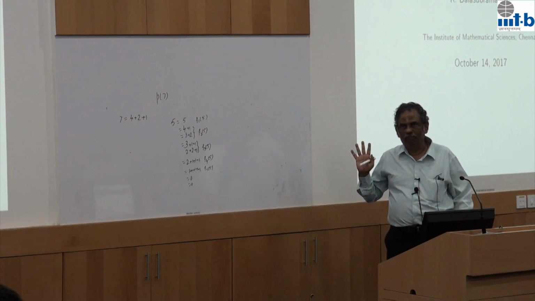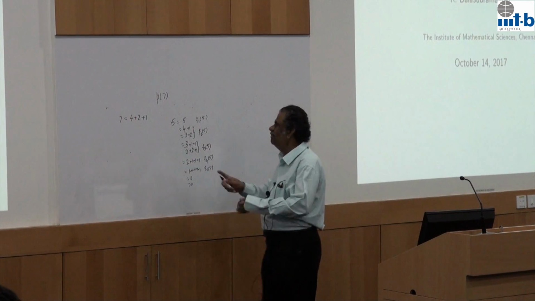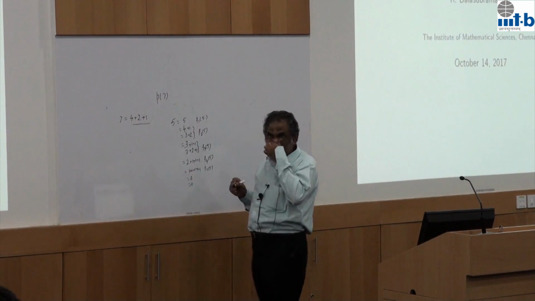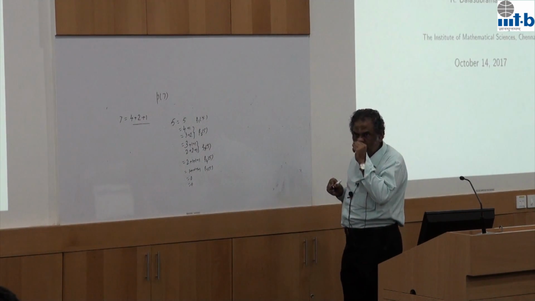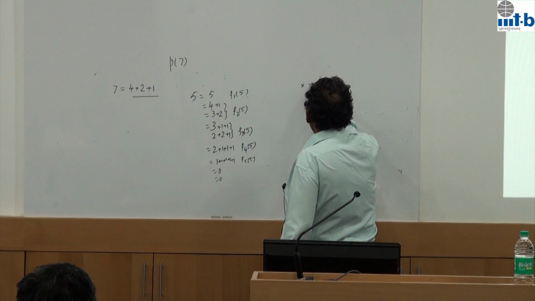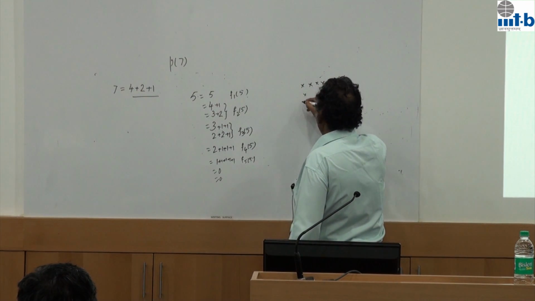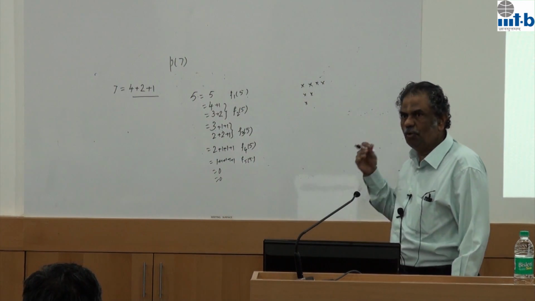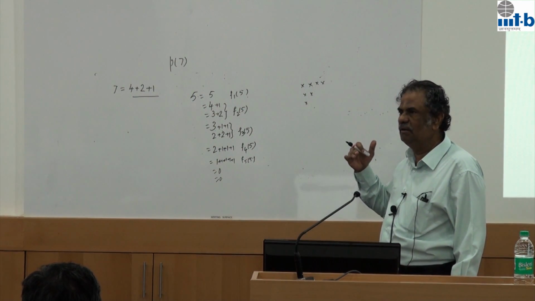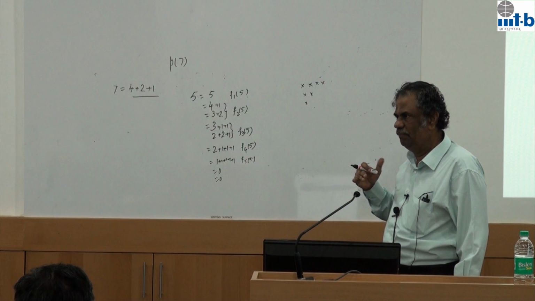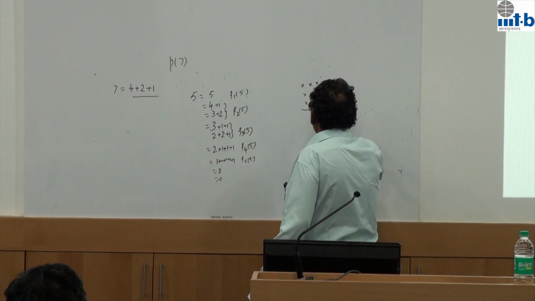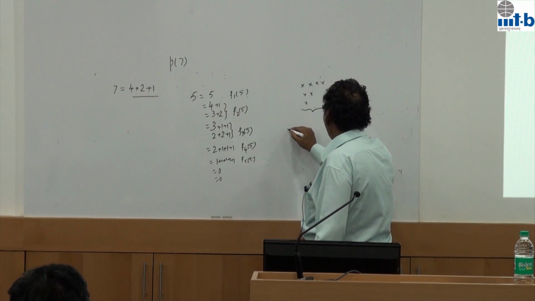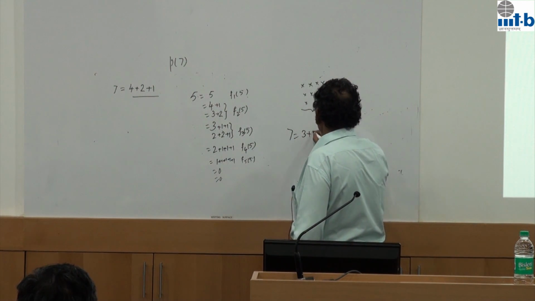Is it okay? Now let us look at this particular partition, 7 equal to 4 plus 2 plus 1. We can just make it as a graph. Row-wise, when you read it, it is 4 and then 2 and then 1. But you can also read it by columns, and this gives another partition.